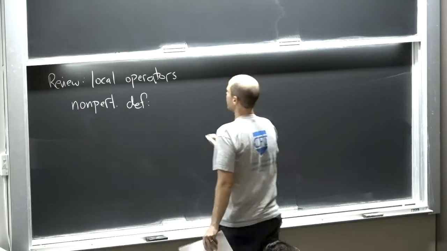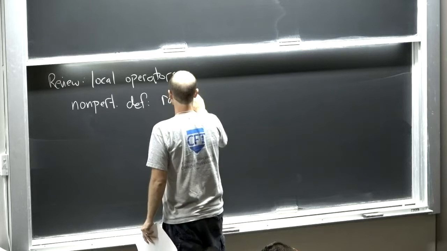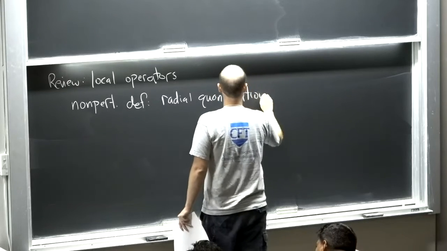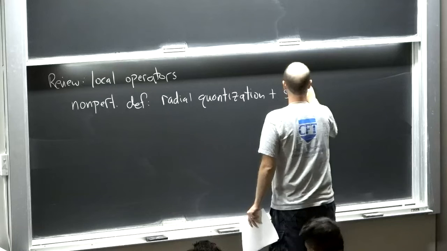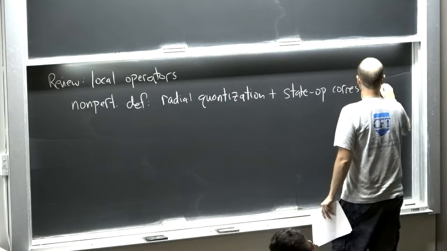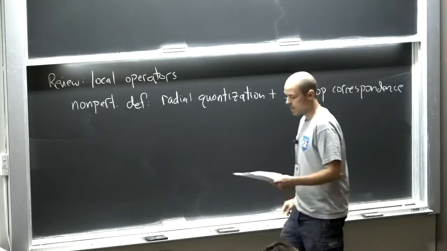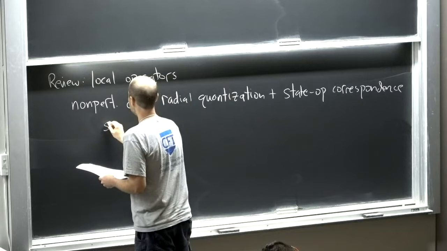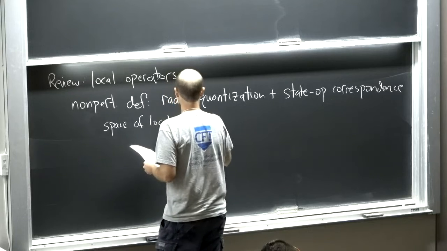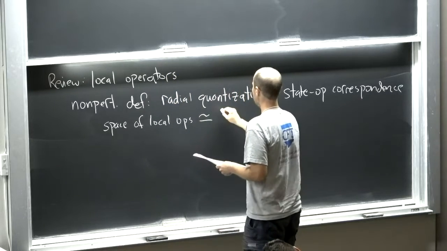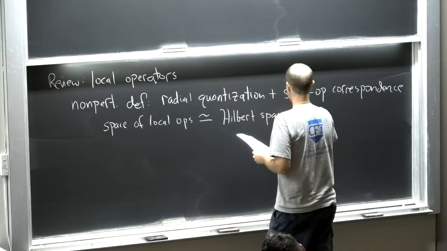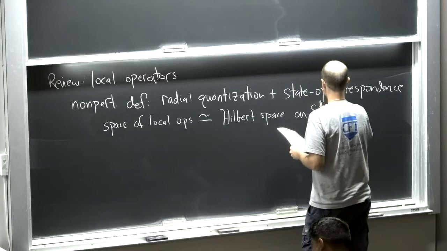The idea is to use radial quantization and the state operator correspondence. What that means is that the space of local operators is equivalent to the Hilbert space of the theory on S^(d-1).